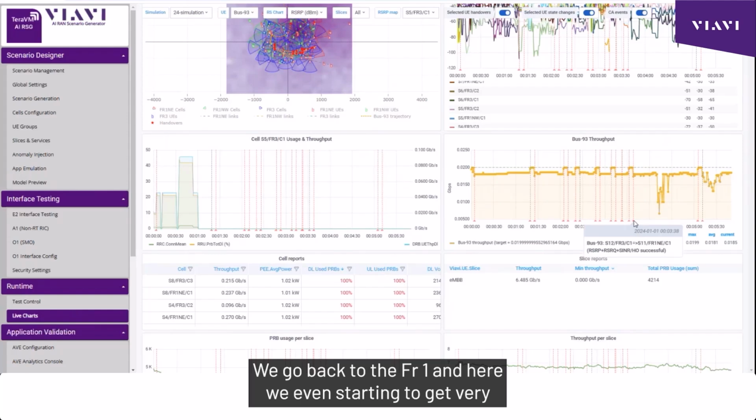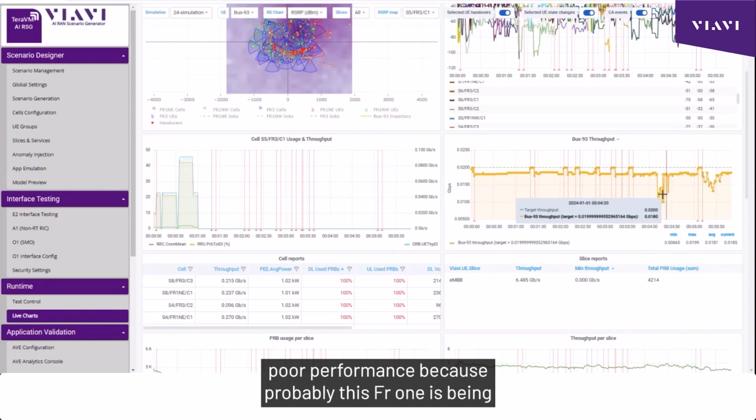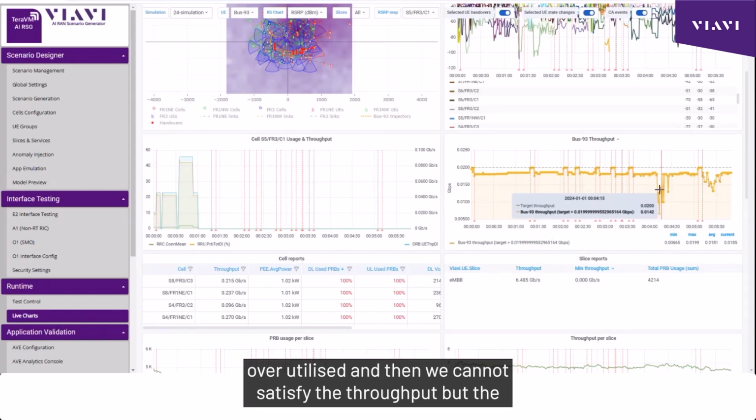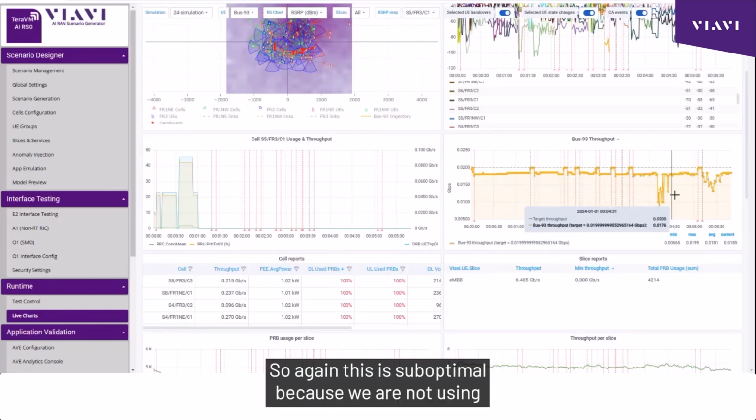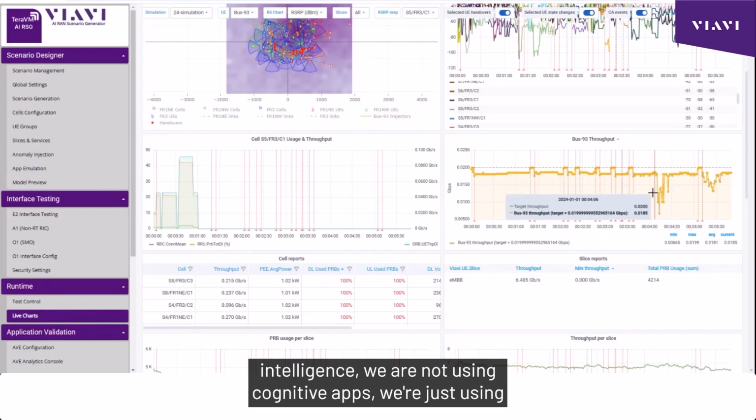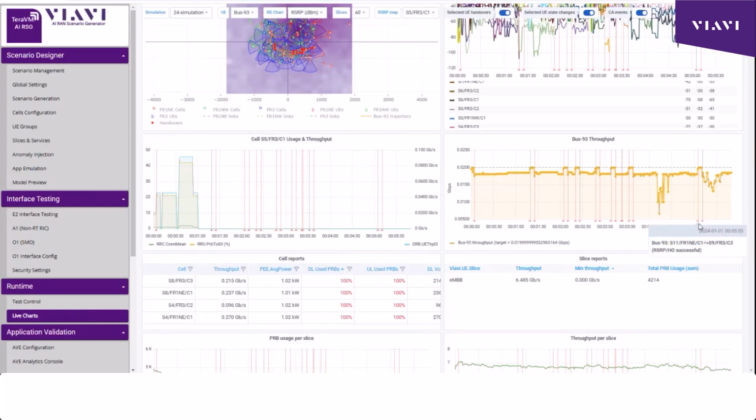We go back to the FR1, and here we even start to get very poor performance, because probably this FR1 is being overutilized, and then we cannot satisfy the throughput. But the signal is still good, which means we are not handing over to the FR3. Again, this is suboptimal because we are not using intelligence, we are not using cognitive apps, we're just using a deterministic approach.